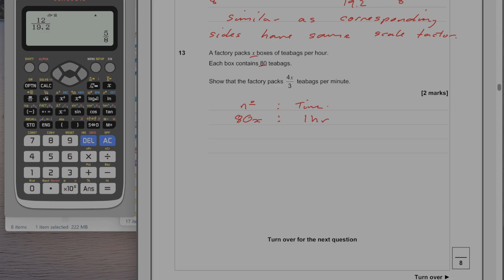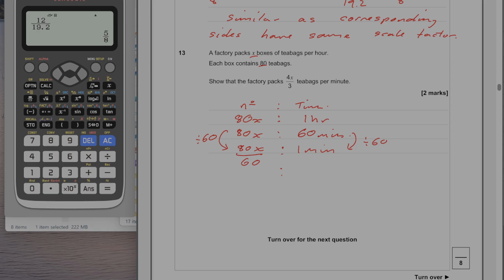The 1 hour is 60 minutes. So they pack 80x in 60 minutes. All I've done is convert my hours into minutes. So that's 80x over 60 in 1 minute. So we've divided by 60 there.